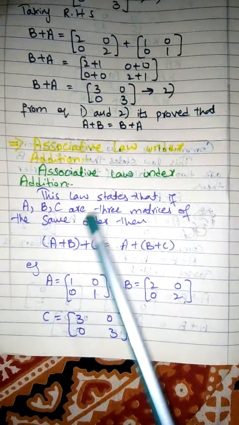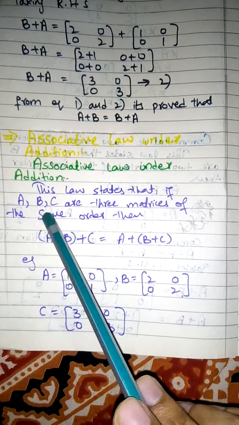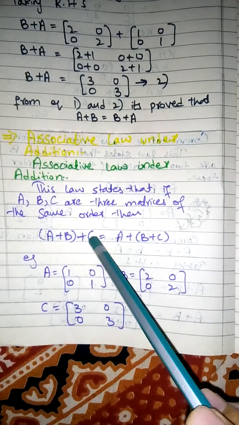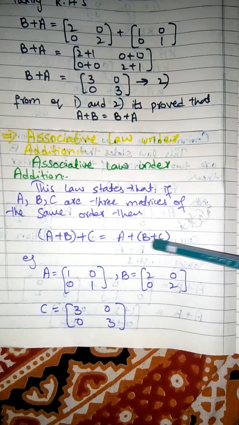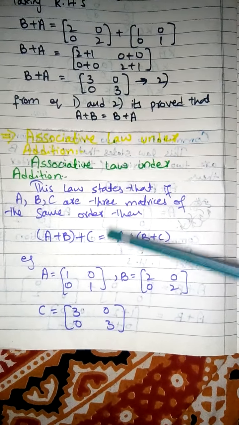So the associative law says you have three matrices of the same order. If you add the first two matrices and then add the third matrix, or add the last two matrices and then add the first matrix to this sum, the answer will be the same.